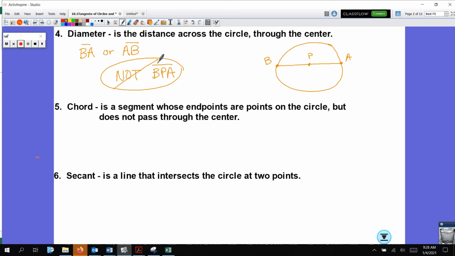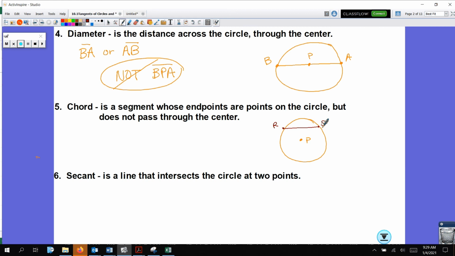All right, a chord is a segment whose endpoints are points on the circle, but does not pass through the center. So here's my circle, and here's my center P, and let's say this segment here, I change color, RS, that is a chord.